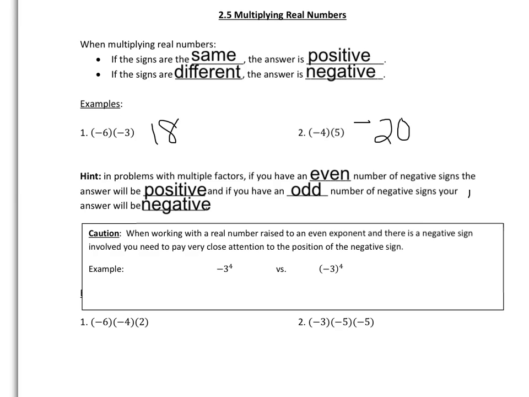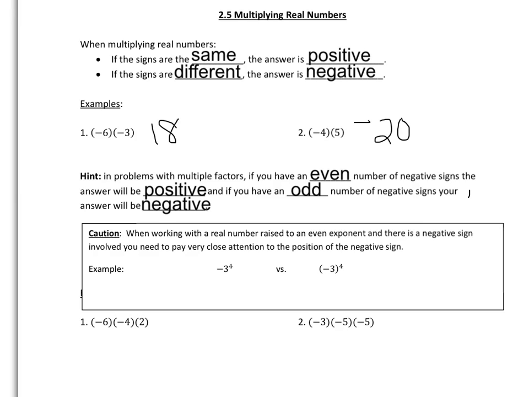Now, the thing that you're going to have to be really careful with is when you're working with negatives and exponents, because the position of parentheses, where the negative sign is within parentheses or not, and the position of the exponent is really important. So you got to pay close attention to it. When working with a real number raised to an even exponent, and there's a negative sign involved, you need to pay close attention to the position of the negative sign.